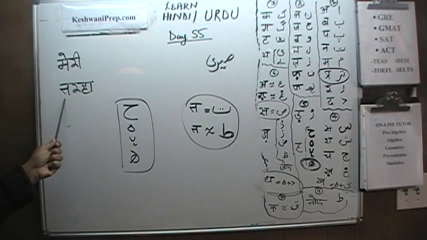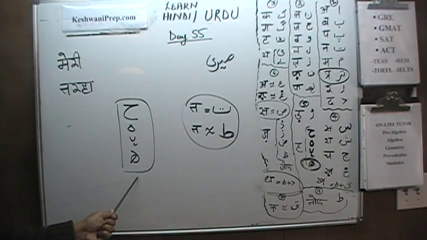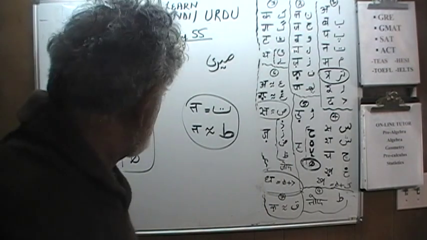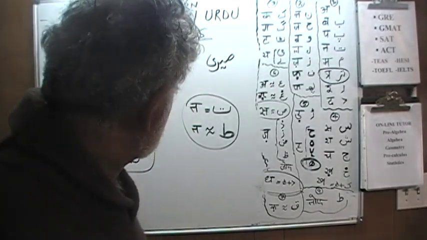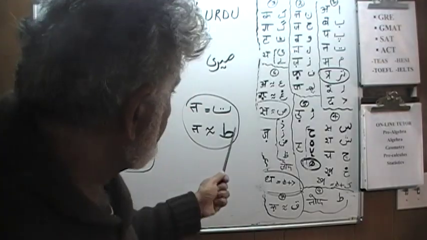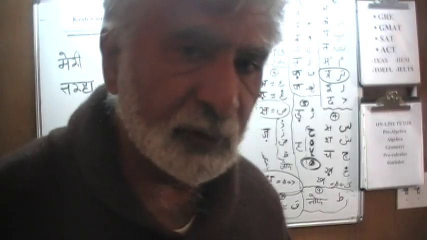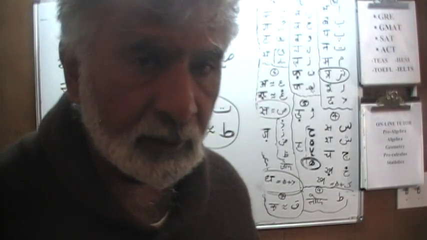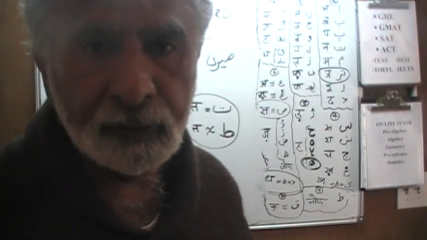So we need a ta, but we don't know which one. We need a ha, but we don't know which one. There are 8 possible permutations. Yes, not combinations, permutations, because the order does matter. Which one is correct? The writer has to know the correct spelling of the word, just like you do in English.